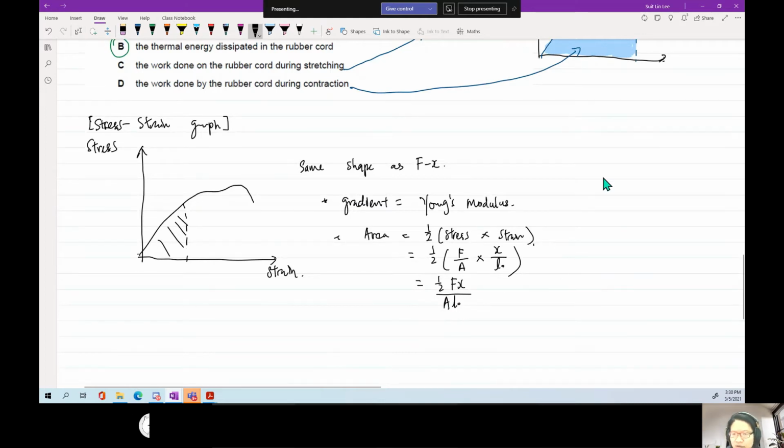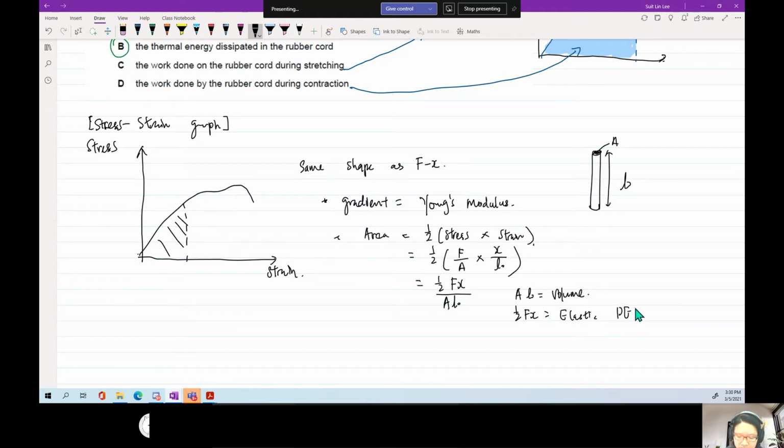And AL naught, if you think about the dimensions of your wire, this is area, and here to here is L naught. So AL naught is volume. And half Fx is elastic PE. So my area is actually equal to strain energy.